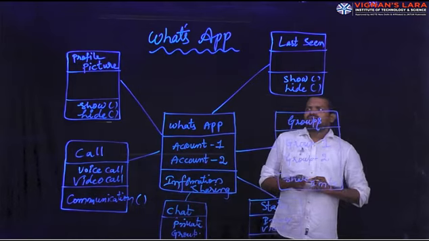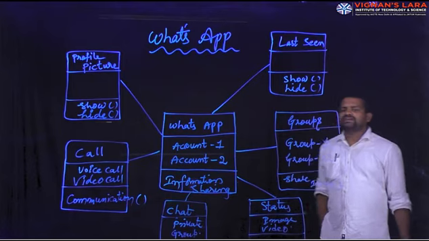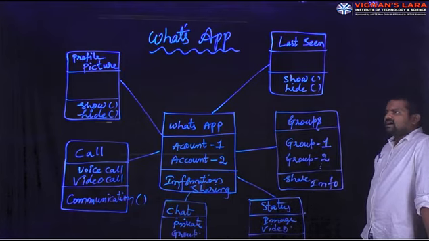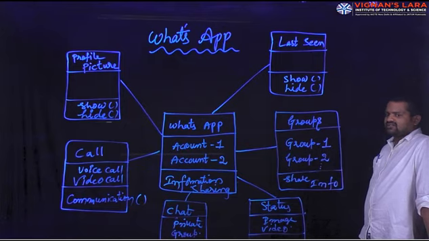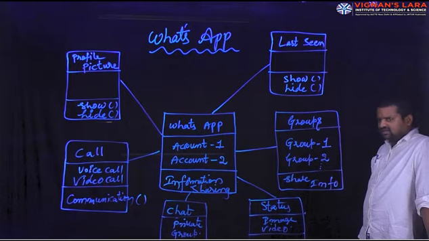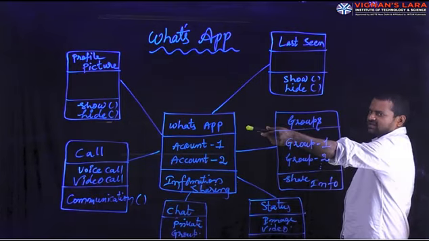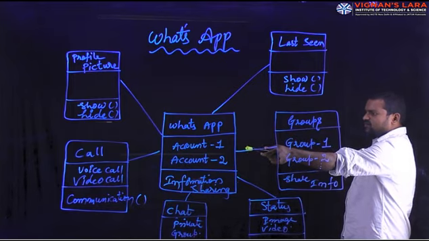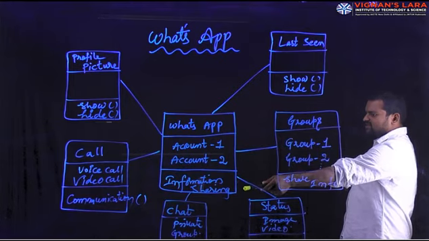See, in this WhatsApp application, we saw different kinds of classes available. In the WhatsApp class, WhatsApp is a class. The group accounts and number of accounts are in this WhatsApp class, the main super class for information.